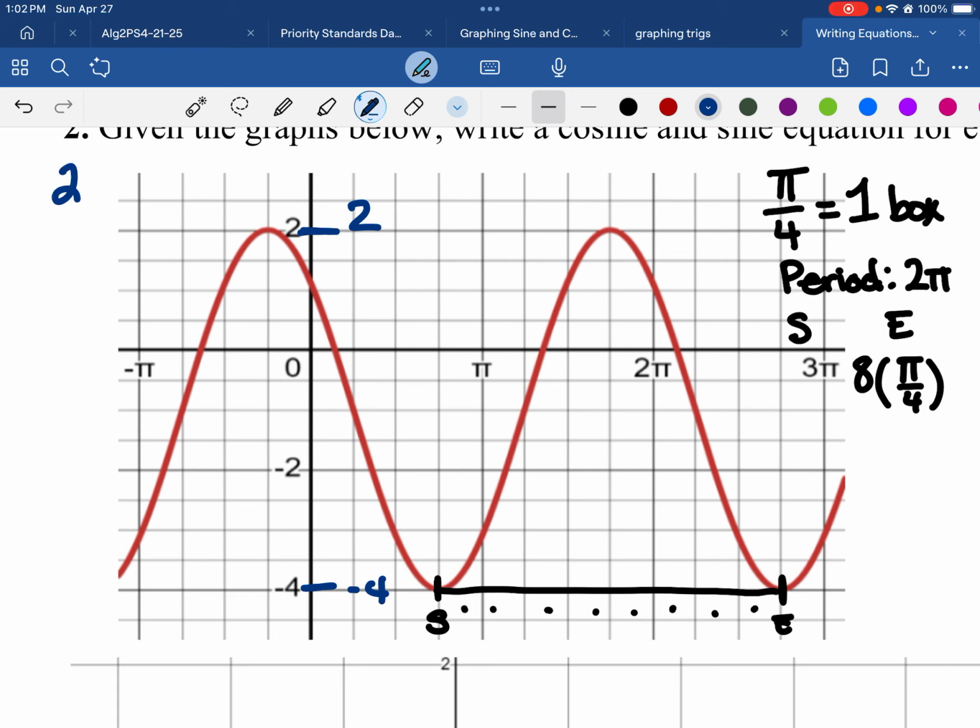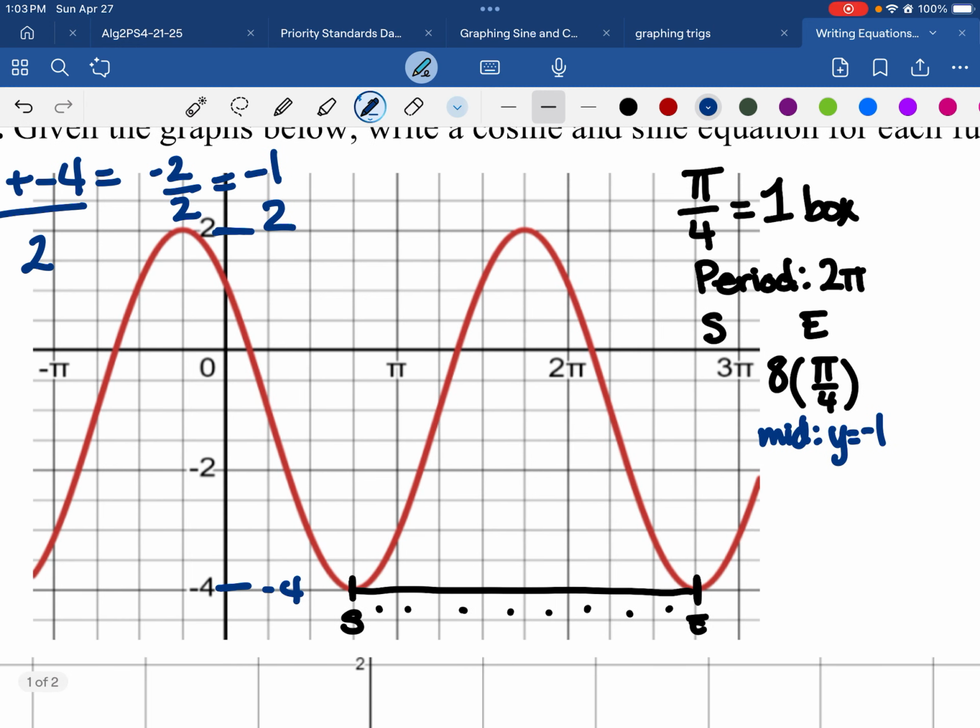Because it's an average, 2 plus -4 equals -2. Divide that by 2, and my midline or vertical shift is down 1. So now I know I have a midline at y equals -1. If my top was 2, I went up 3, and my bottom is -4, so I went down 3.